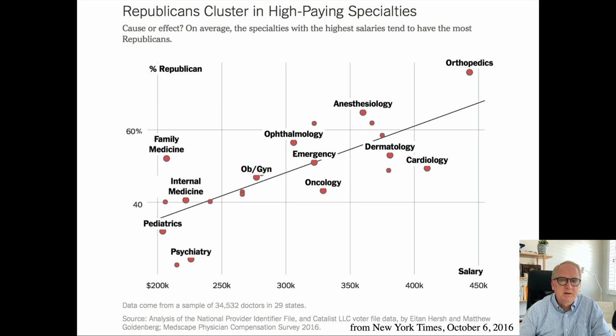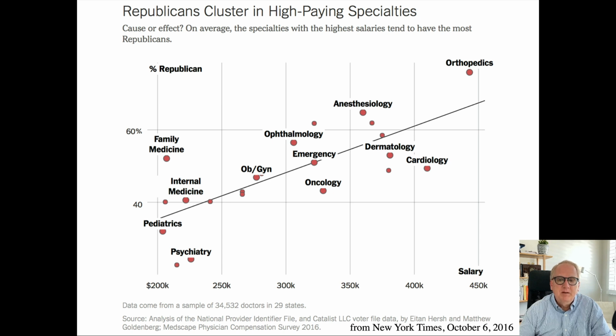Psychiatrists, pediatrics, internal medicine, which would be like our GPs or family medicine in Australia, have fairly low salaries compared to people up in cardiology, surgery, orthopedics. They're almost making twice as much money. What this particular figure was trying to show in the scatter plot was that perhaps one answer to why more of those people in the top specialties are Republicans is because of how much they're making.